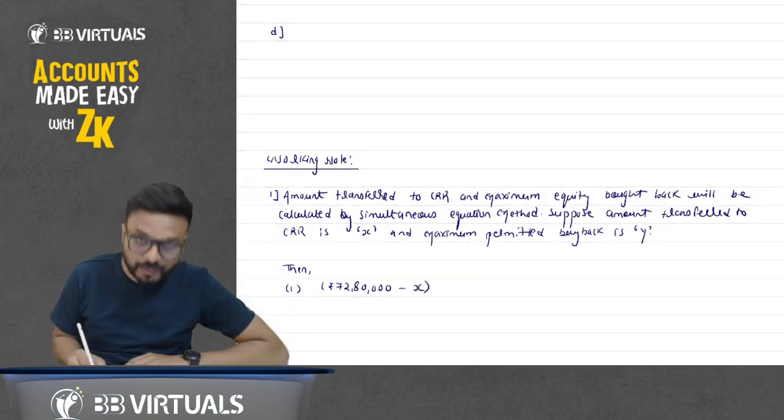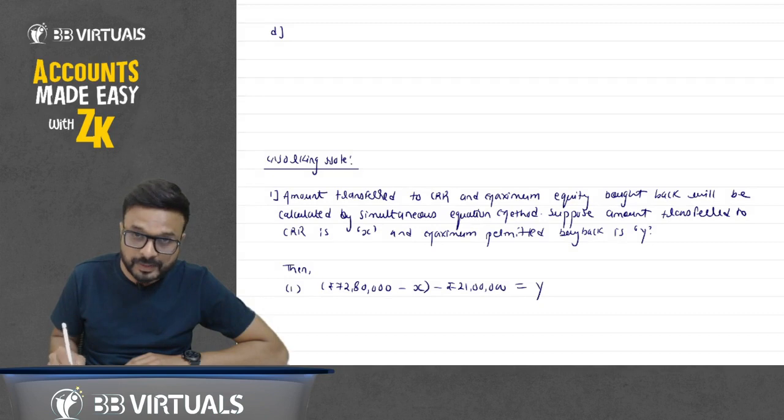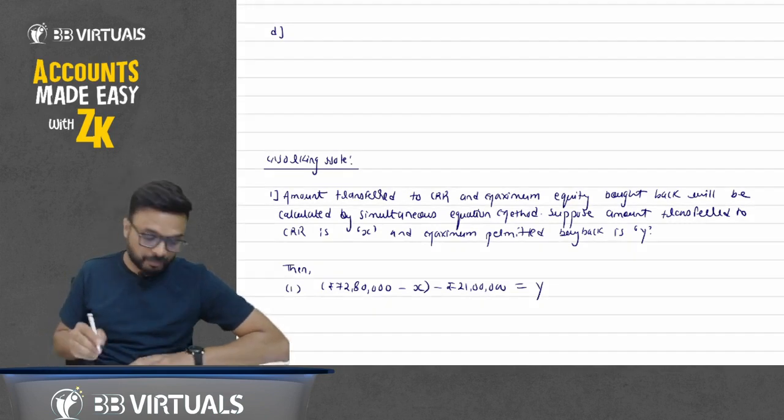Some will be transferred to CRR, that is X, and some should be maintained. How much should be maintained? 21 lakh. The remaining, Y, is what can be utilized for the purpose of buyback.